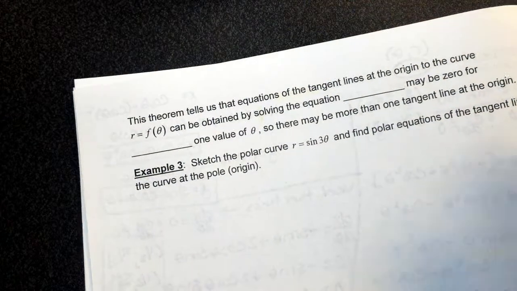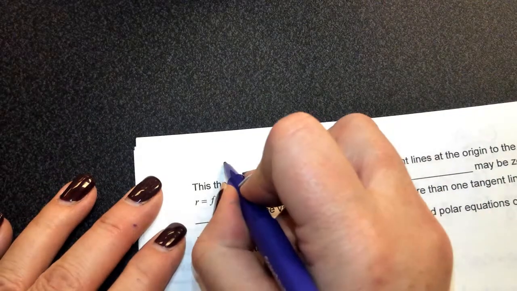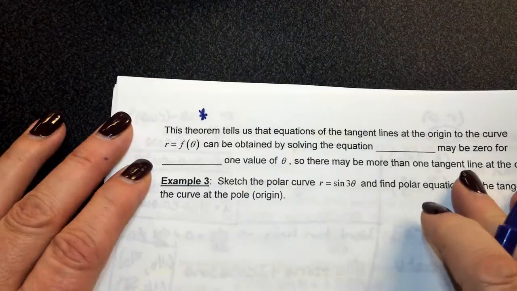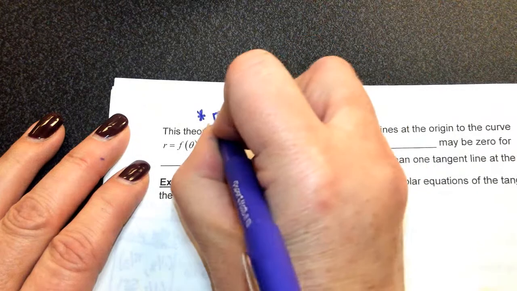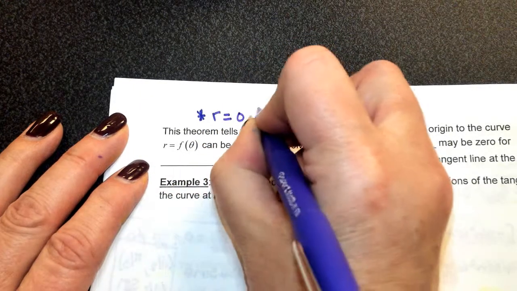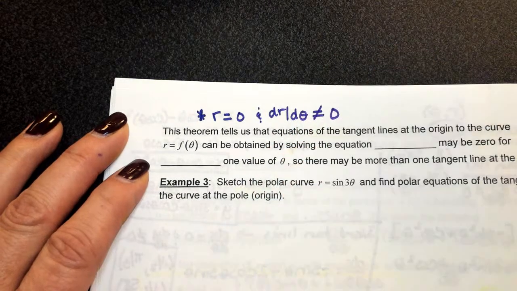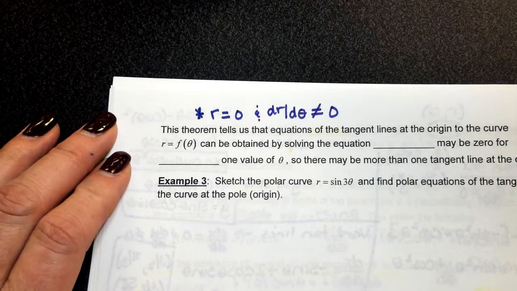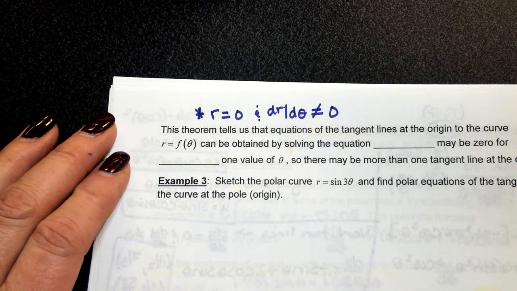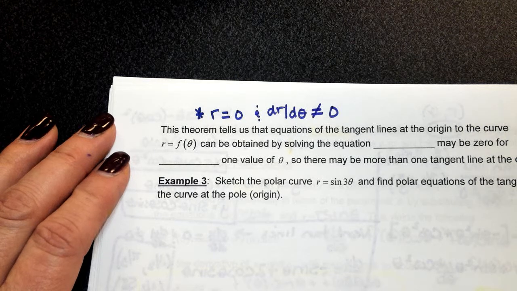So what you really need to remember about tangent lines to the pole is that r has to be equal to 0 and your dr d theta cannot be equal to 0. That's the thing you really need to remember when they ask you about the tangent lines at the pole. You find them by setting r equal to 0 and checking that dr d theta is not equal to 0 at those particular values.